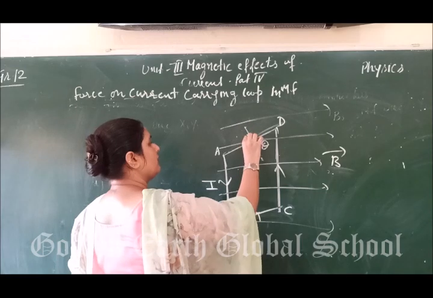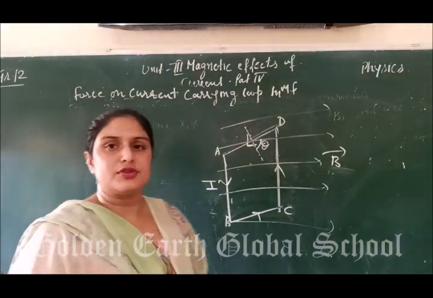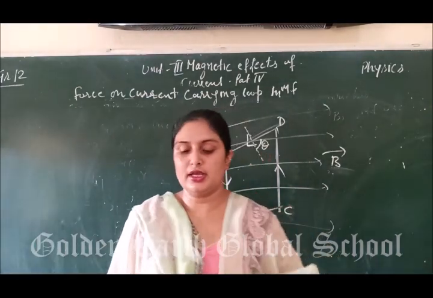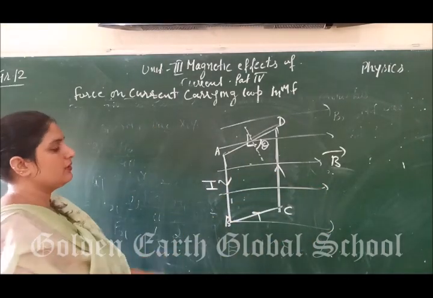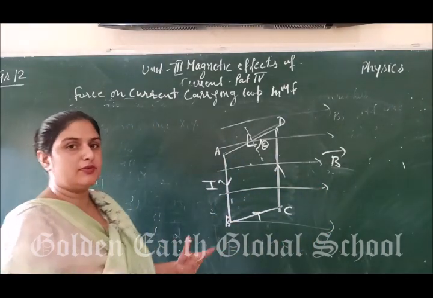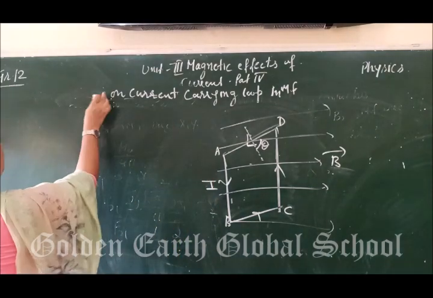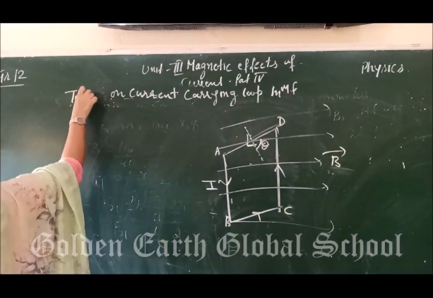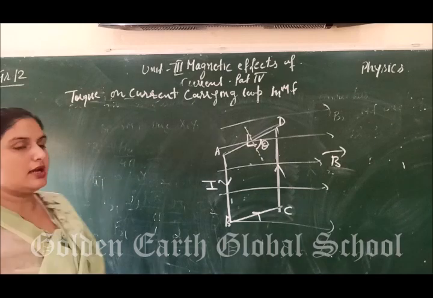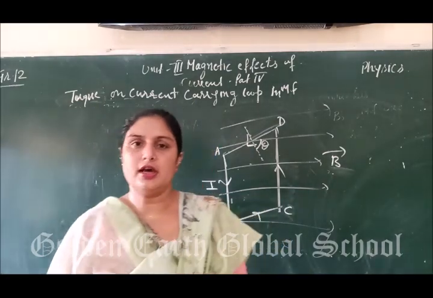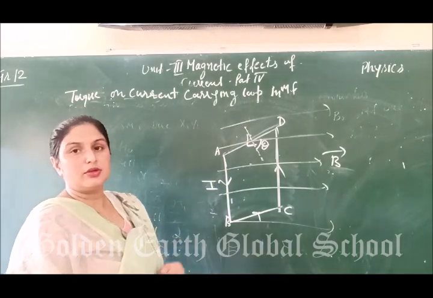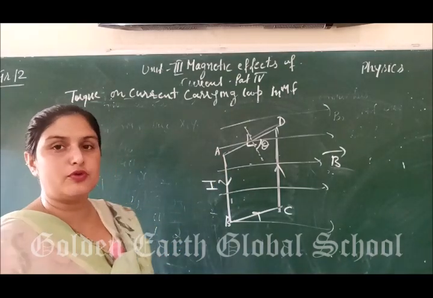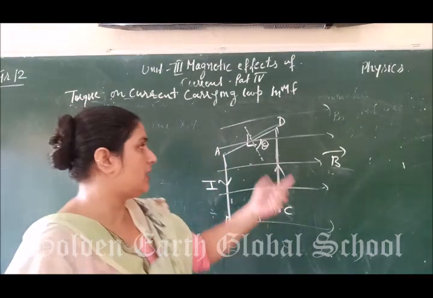Now we have to find what will be experienced when a current carrying loop is placed inside the magnetic field. There will be a torque experienced by the current carrying loop placed inside the magnetic field. To find the torque, I am going to find the force experienced by each arm.